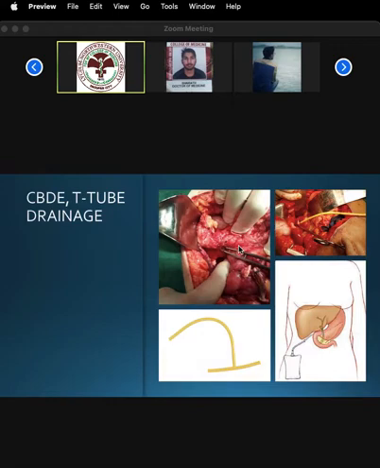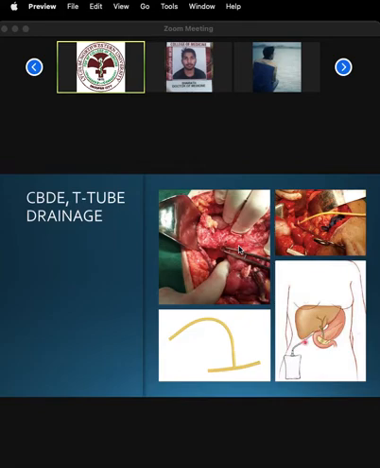Insert the stone forceps. Of course, we do this with the assistance of our other hand outside of the CBD, palpating from outside. Okay? Then we extract the stone. Then we insert the T-tube, anchor it, and then exteriorize the T-tube separately in the right upper quadrant.